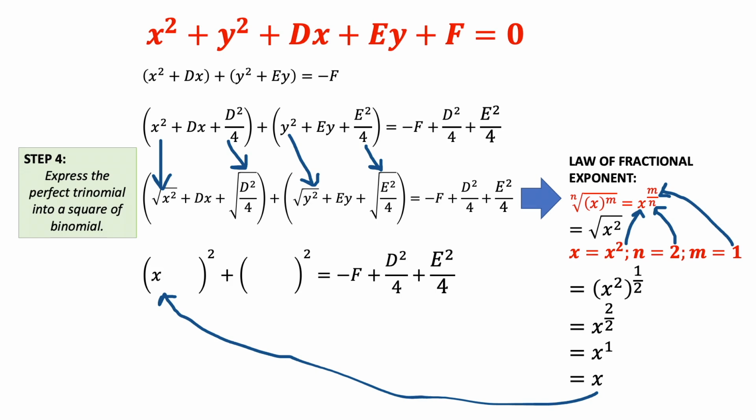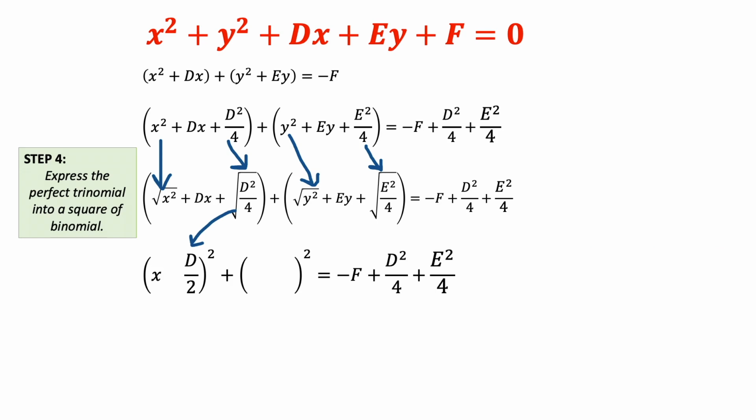Following the same procedures, I should get d over 2 for square root of d squared over 4. Then, y for square root of y squared, and e over 2 for square root of e squared over 4.